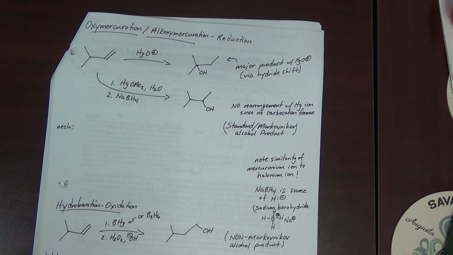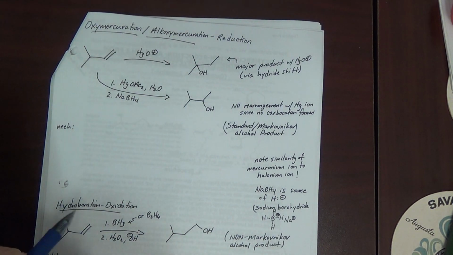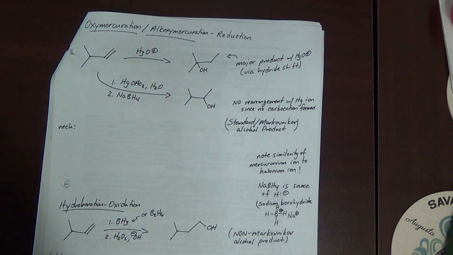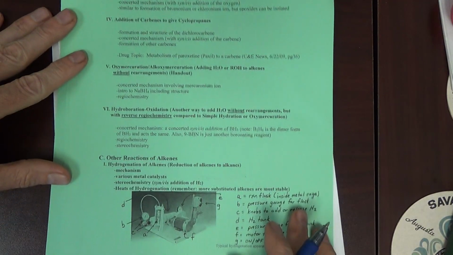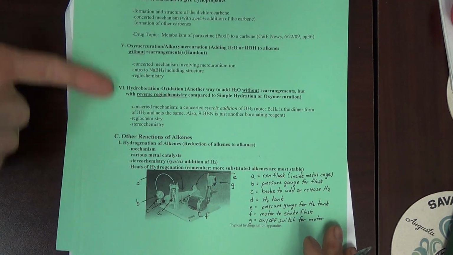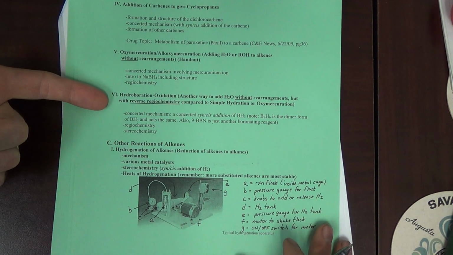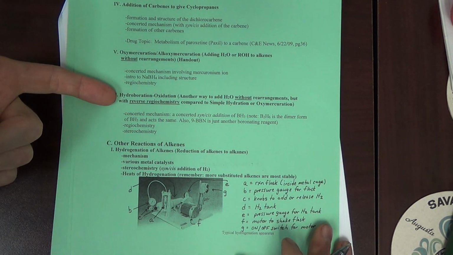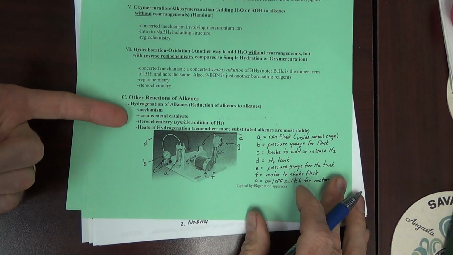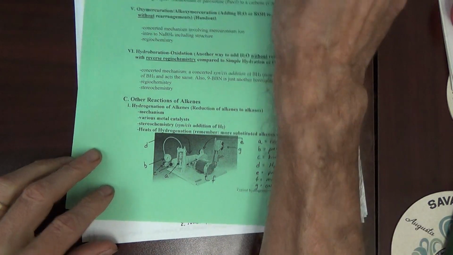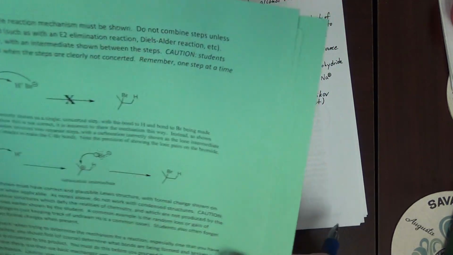The next video we'll be looking at the next 3 topics: oxymercuration, hydroboration, and hydrogenation of alkenes. And those are shown on the outline.